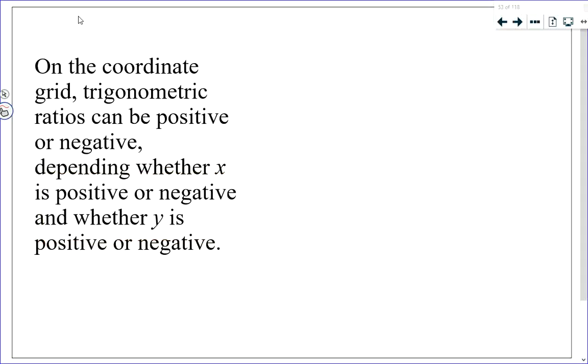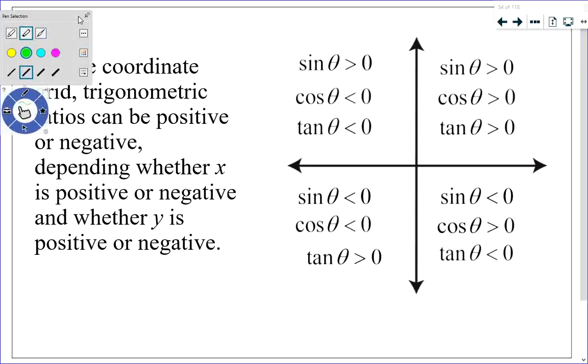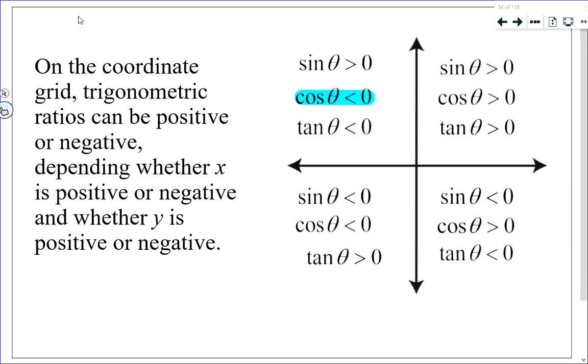All right, on the coordinate grid, trigonometric ratios, whether it's sine of theta, cos of theta, or tan of theta, can be positive or negative depending on where things are. Now, look, you don't want to memorize this. If I just take a look, for example, at cosine of theta in quadrant 2, I know it is negative because in quadrant 2, x is negative, and cosine is x over r.